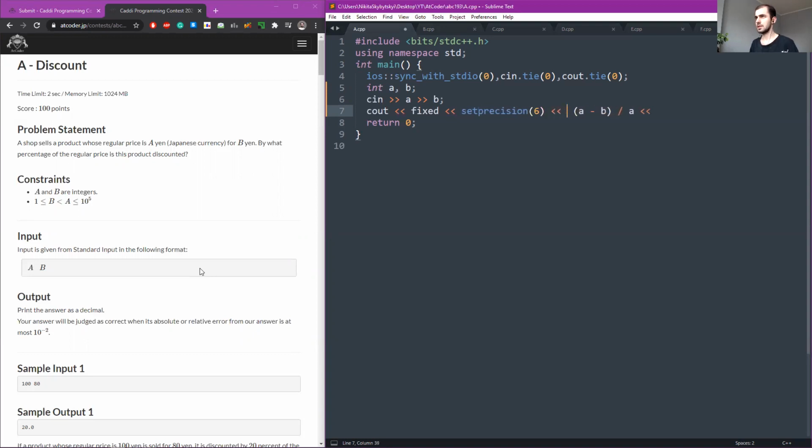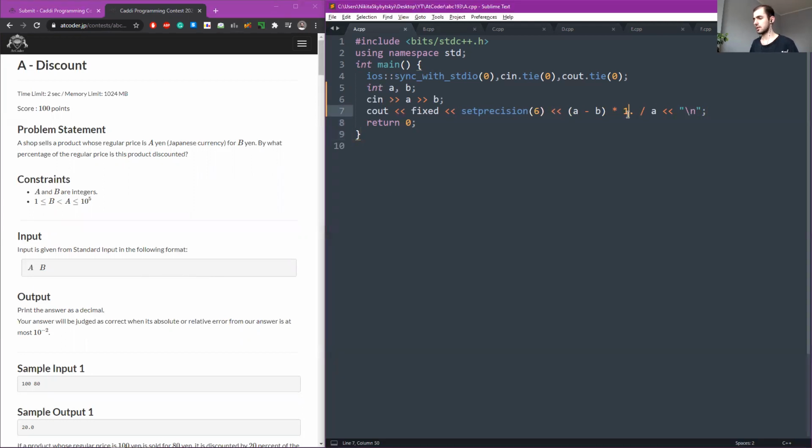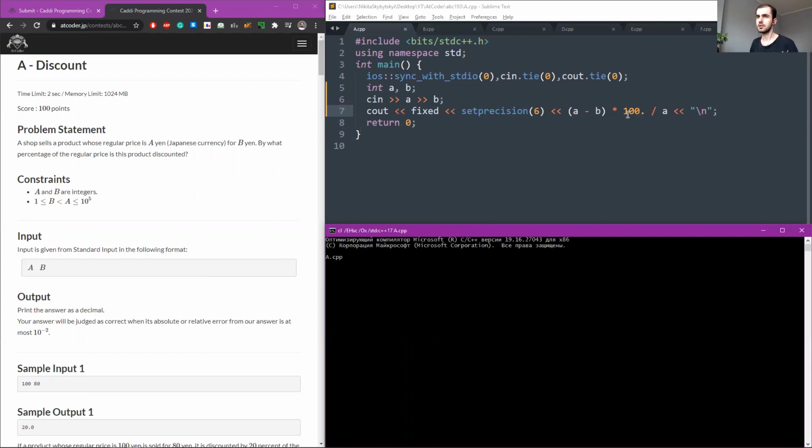I think something like this should work. Not exactly. I think you want to multiply by 100.